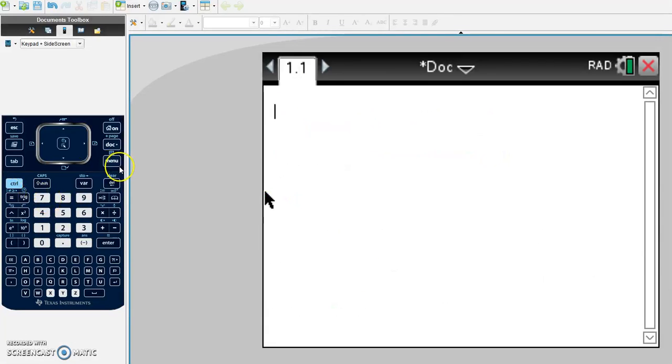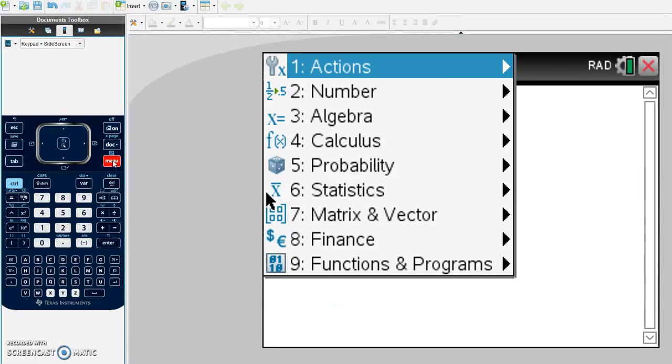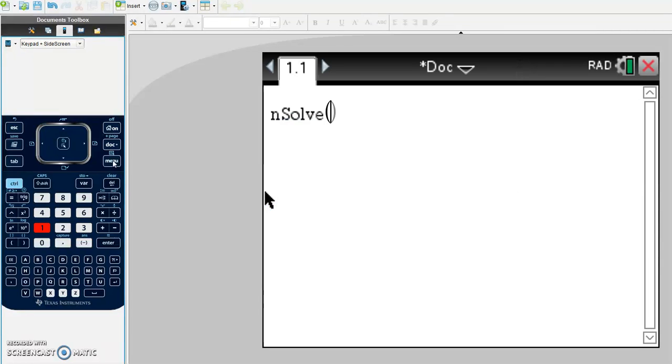Okay, so I'm just in a new document, and I'm going to go to menu 3.1 to do my nsolve, and I will type in 500 equals 1 million. Make sure you get all the number of zeros you should have in there. Parentheses, 0.25, close my parentheses, raise it to the x power, and then be sure and move your cursor over 1 before you do your comma x.